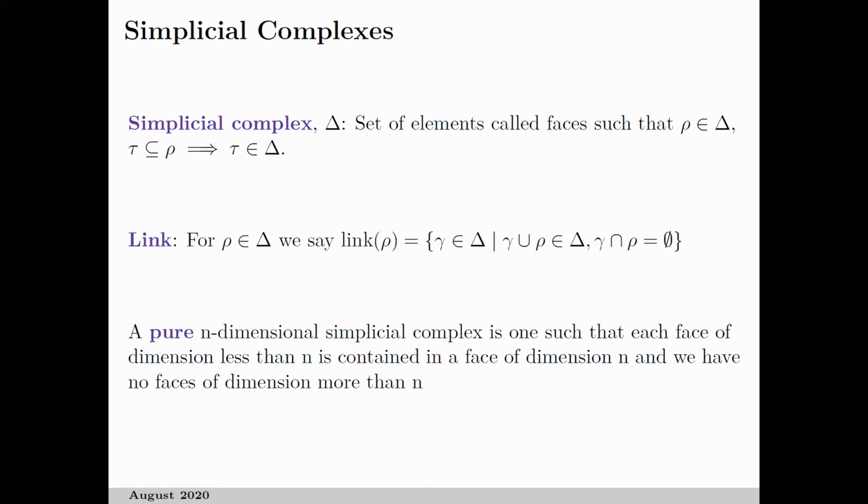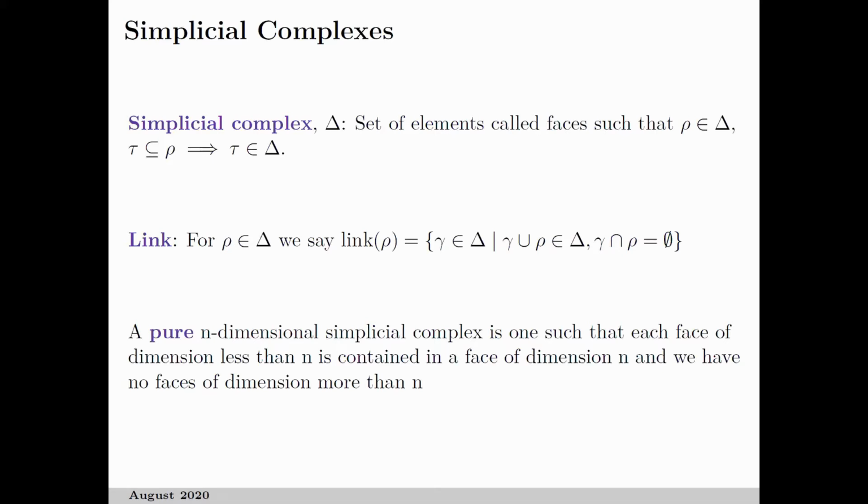Given a simplicial complex delta, the link of a face rho is the set of elements in our simplicial complex such that rho union the element is in delta, and rho does not intersect the element. Thinking less formally, the link of a face tells us about the local structure of the simplicial complex around that face.